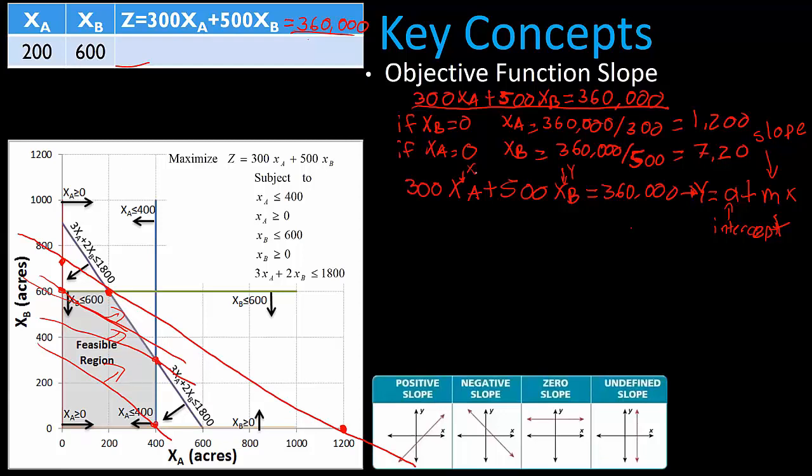So we just need to put it in that specific format. In this case, XB will be equal to 360,000 minus 300 XA, and all of this divided by 500.